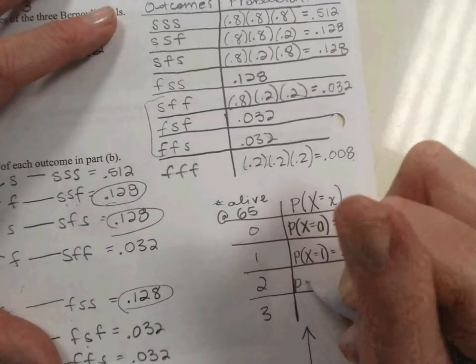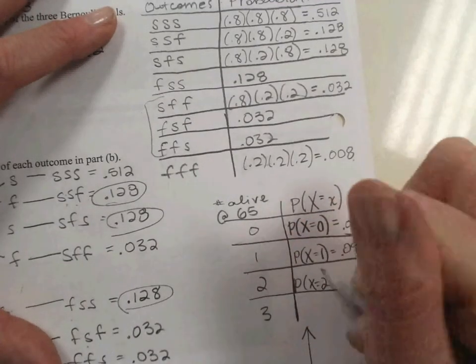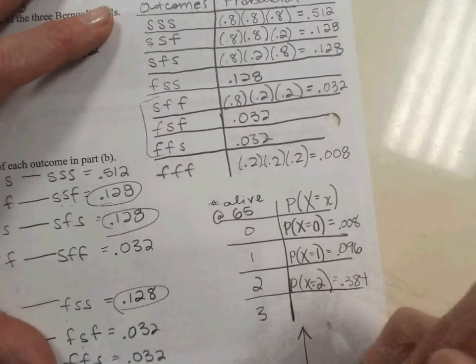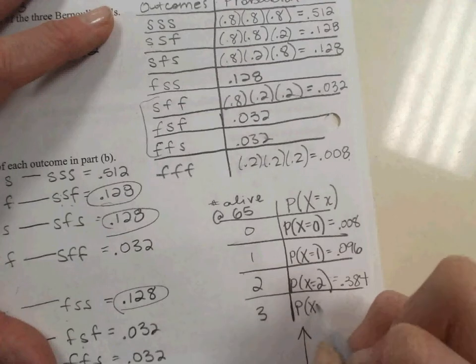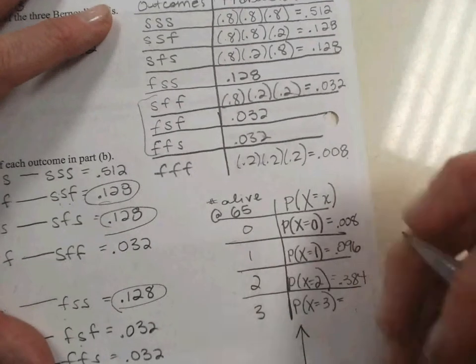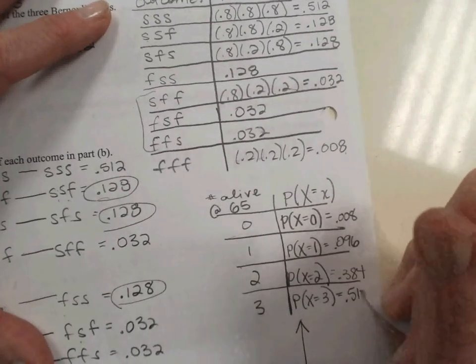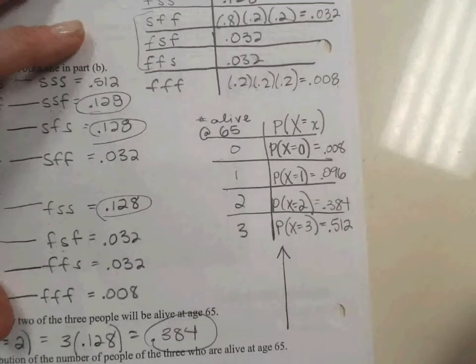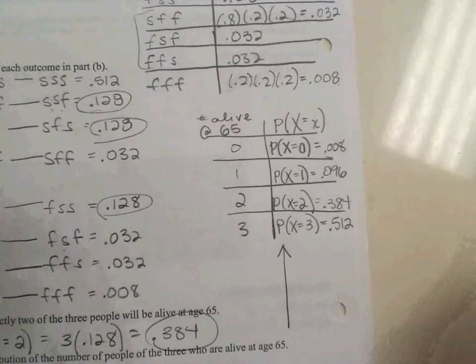And then the probability that X equals 2 is the one that we just did, so it's 0.384. And the probability that all are still around at 65 is 0.512.